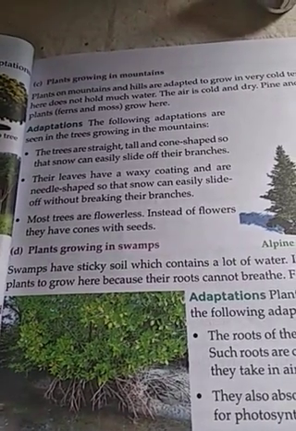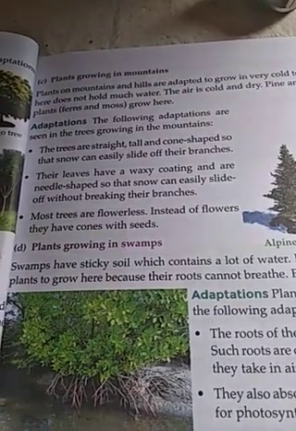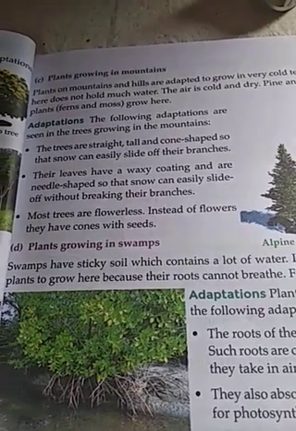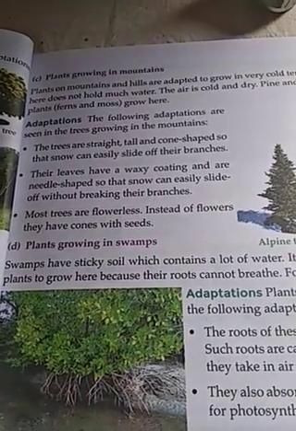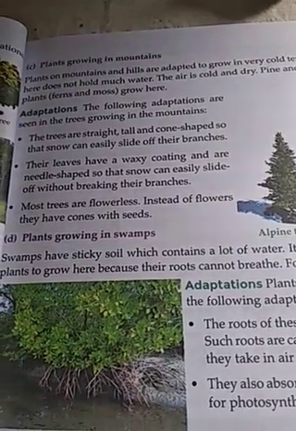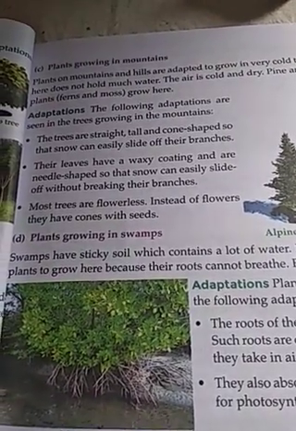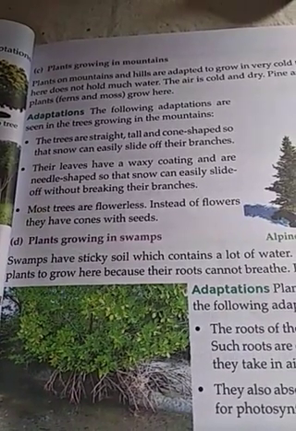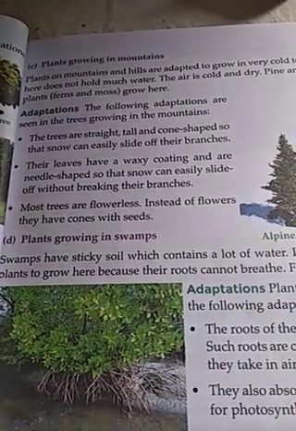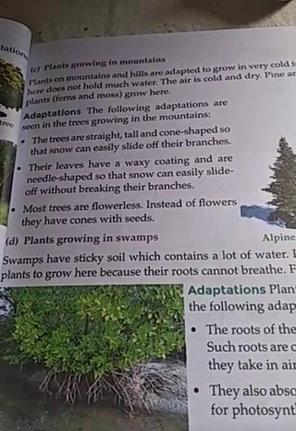The leaves have a wax coating. Very thin wax coating is there on the leaves, and leaves are very thin like needles, so that when it snows heavily, easily the snow falls off the leaves and it doesn't stick to it.